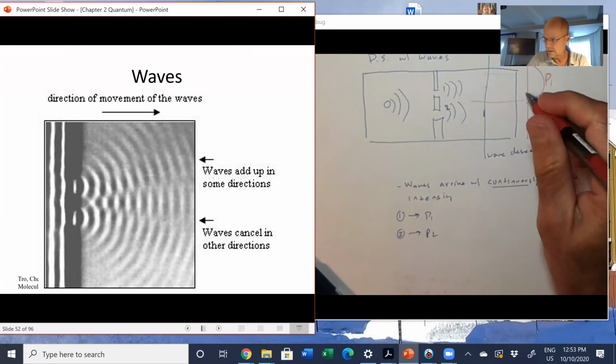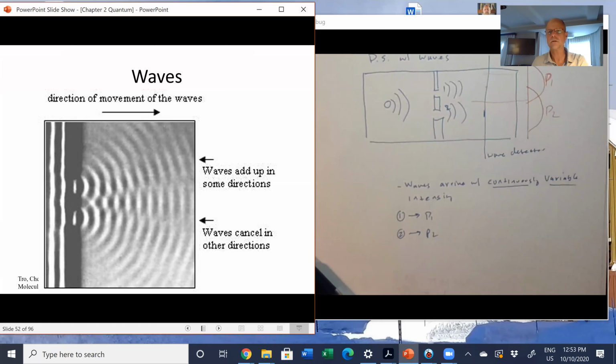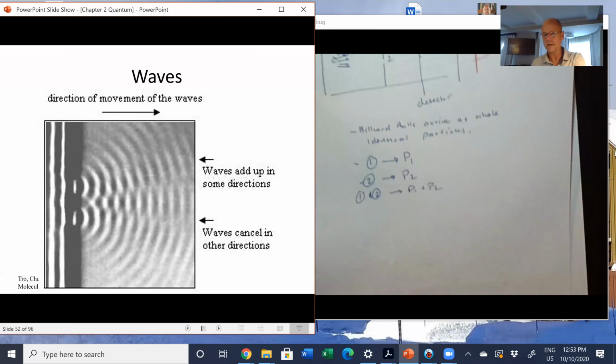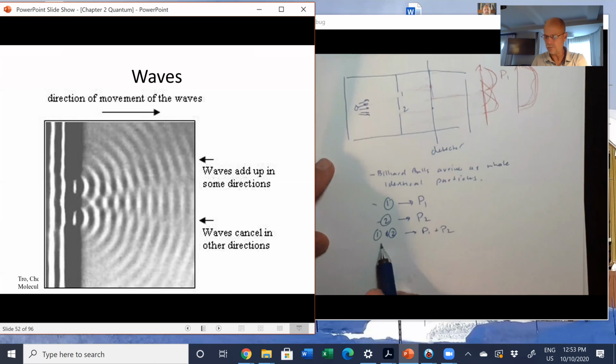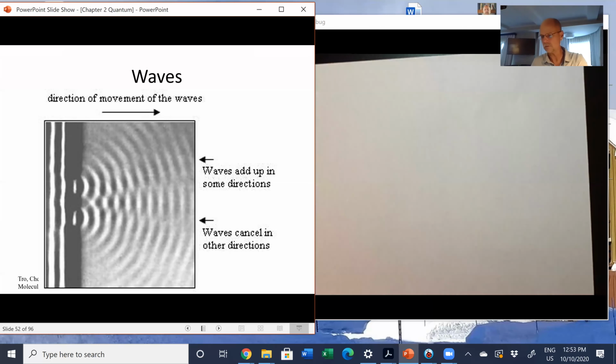It's just scooted over a little bit. But now we get something very different if we open both of them. Remember last time when we opened holes 1 and 2 with the billiard balls, we just got an addition of P1 and P2. Remember when we opened both of them, we got P1 plus P2.